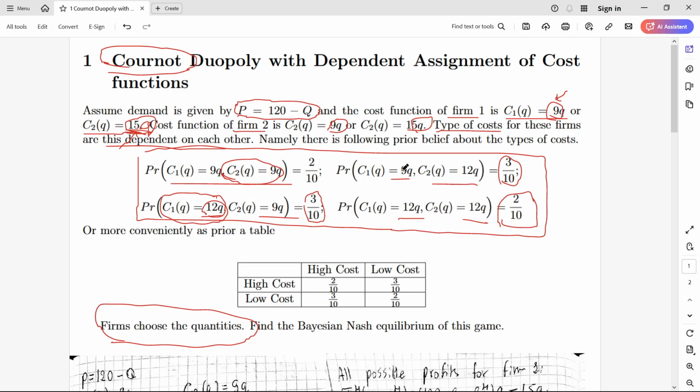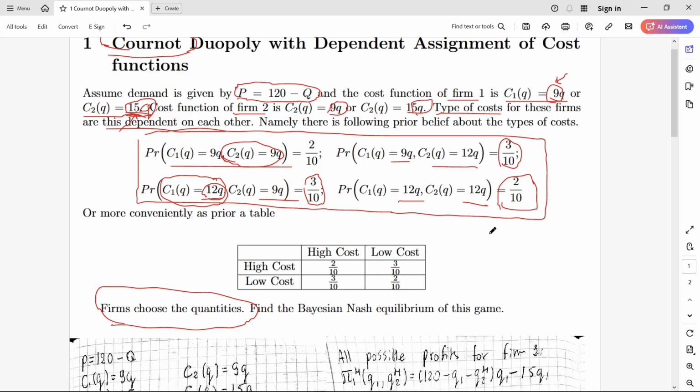And also what I want to mention, and which is important for the intuition of solving this game, is that, first of all, firm 1 cannot see firm 2's cost. So firm 1 cannot just have a strategy for firm 2 being some cost.